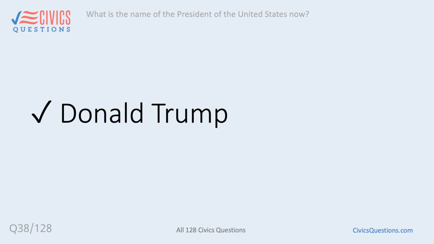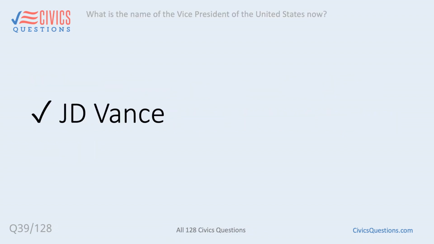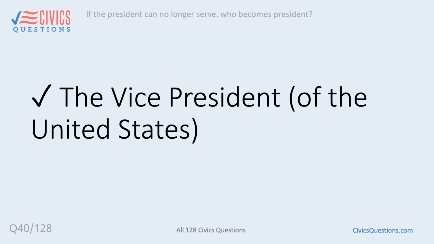Donald Trump. What is the name of the Vice President of the United States now? J.D. Vance. If the president can no longer serve, who becomes president? The Vice President of the United States.